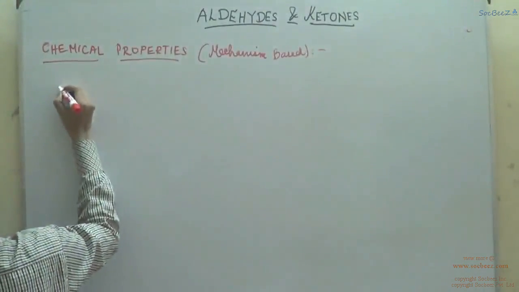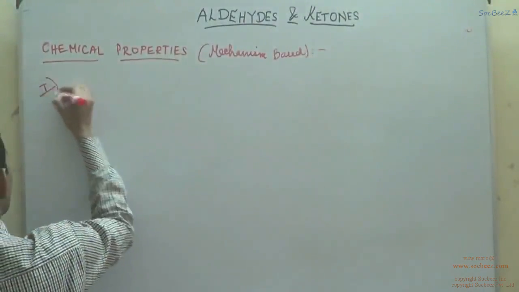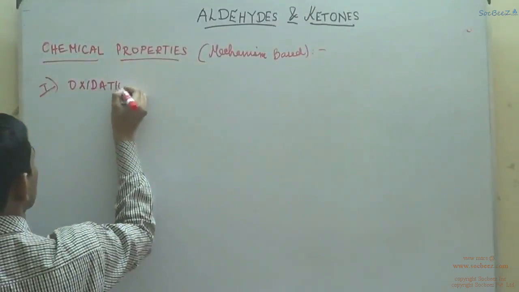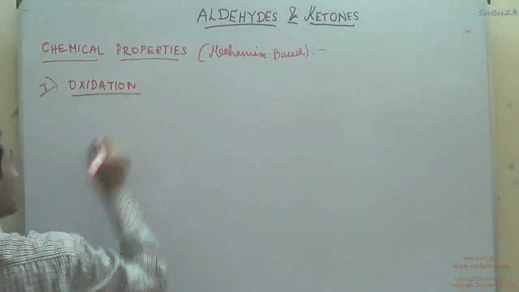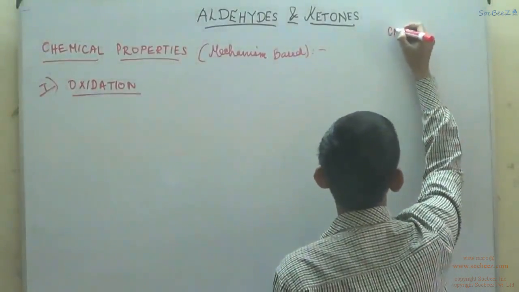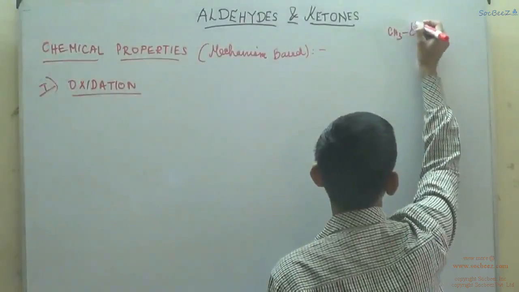So the first class of chemical properties will be oxidation. Generally, you have an aldehyde or ketone, like we take a ketone.